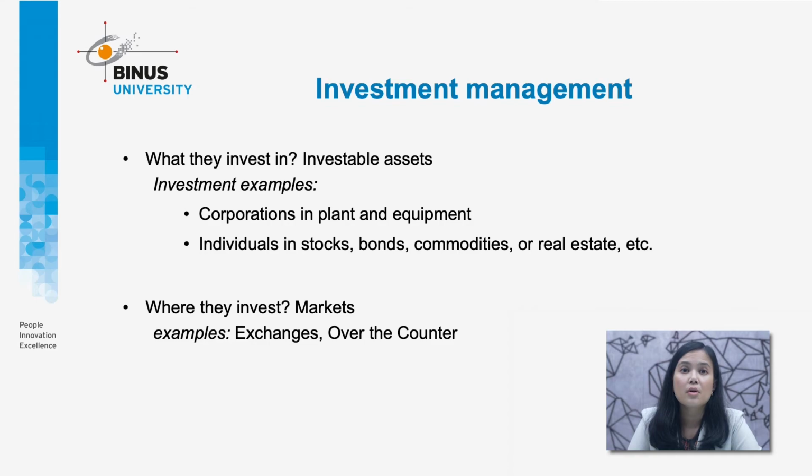Let's discuss financial markets. By definition, financial markets include any place or system that provides buyers and sellers the means to trade financial instruments such as bonds, equities, currencies, derivatives, and so on. Financial markets facilitate the interactions between those who need capital and those who have capital to invest.